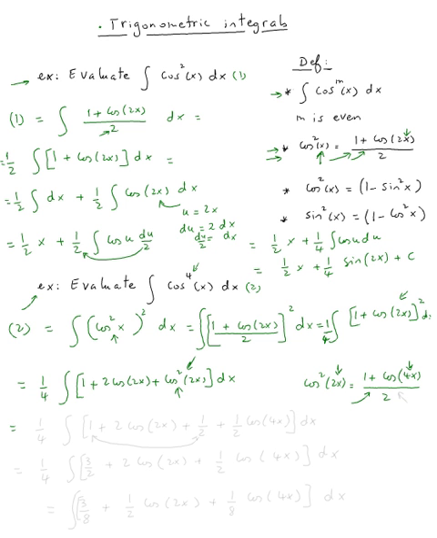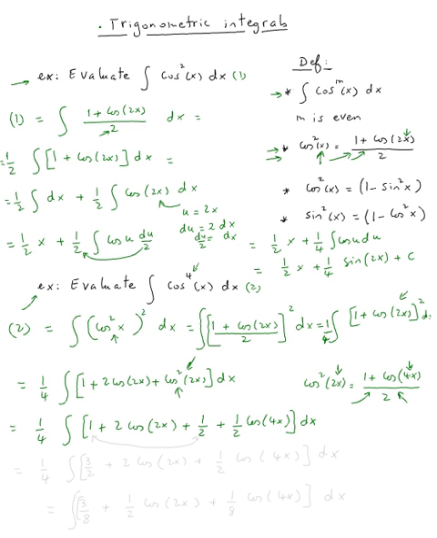So this is going to be 1 over 4 integral of 1 plus 2 cosine of 2x plus, and we can just split this fraction, 1 over 2 plus 1 over 2 cosine of 4x, and then everything dx.